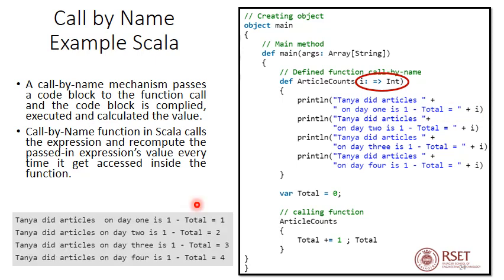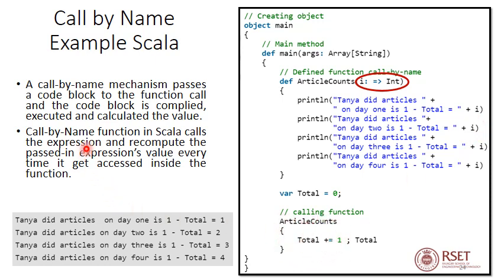So you can see the initial output is Tanya did articles on day 1 is 1 and total is equal to 1. Then it will do print line Tanya did articles on day 2 is I, total is I. So whenever I reappears in this function, this particular code block will be re-evaluated.